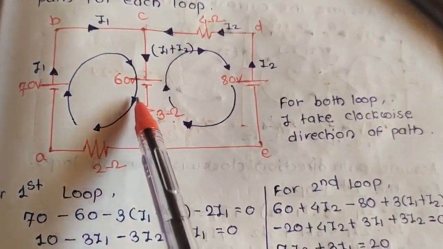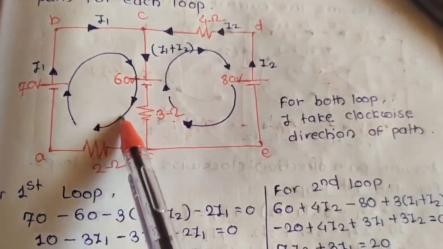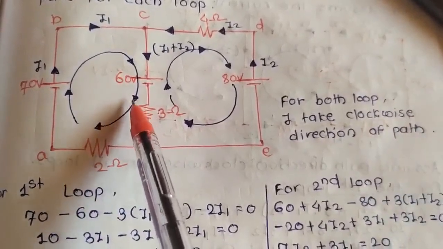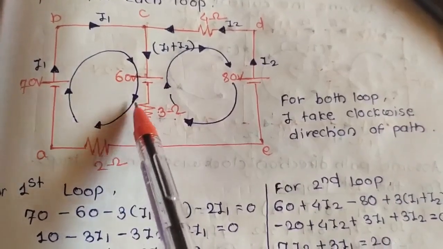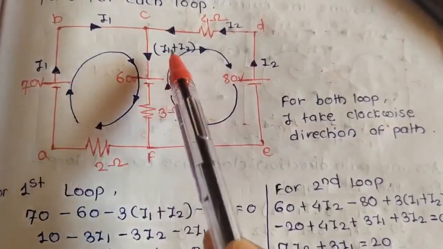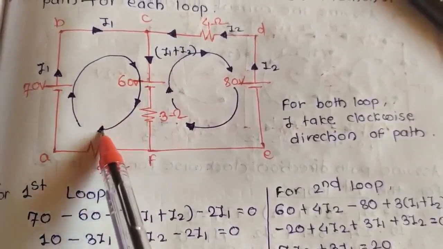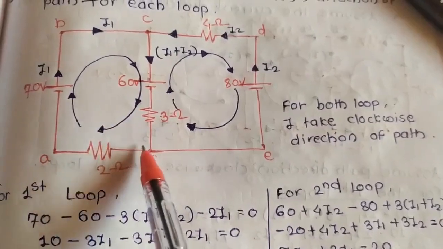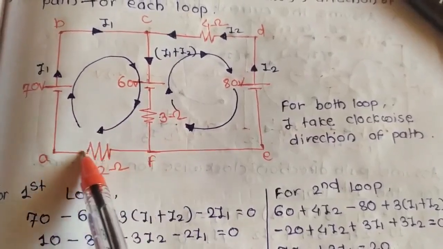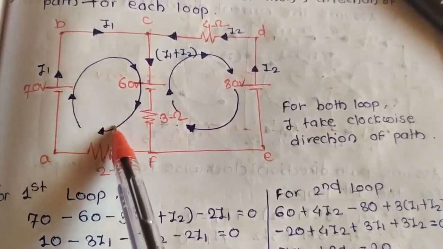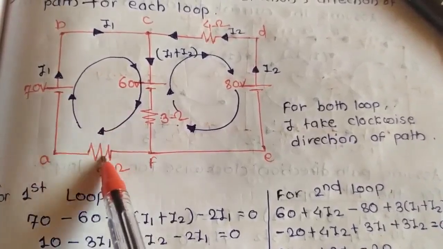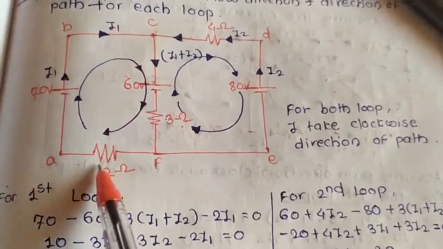Current is flowing in the same direction as the loop direction, so -3 into I1 plus I2. Here also the same: current is flowing in this direction, loop direction is also the same, -2 into I1.